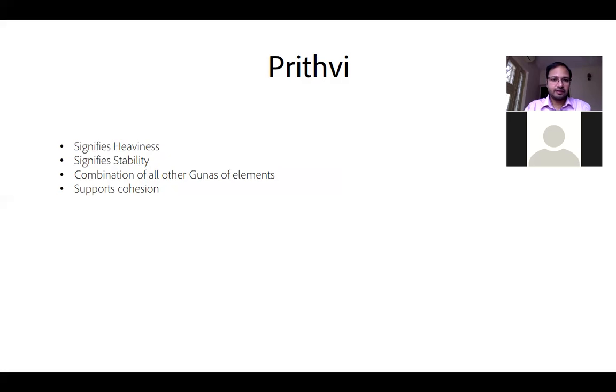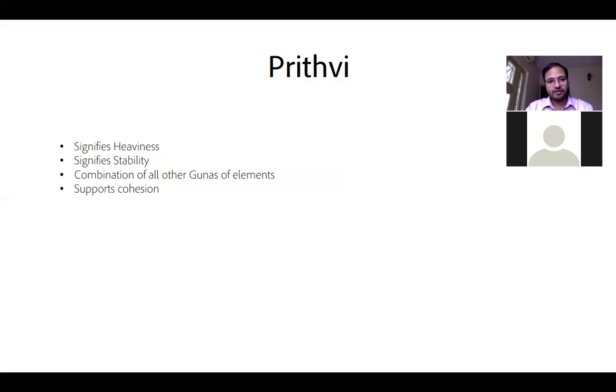Till now, that means starting from space or akasha. Space really does not do justice to akasha for that matter. Starting from akasha to jal, we do not have a concept of structure or stability, sturdiness.